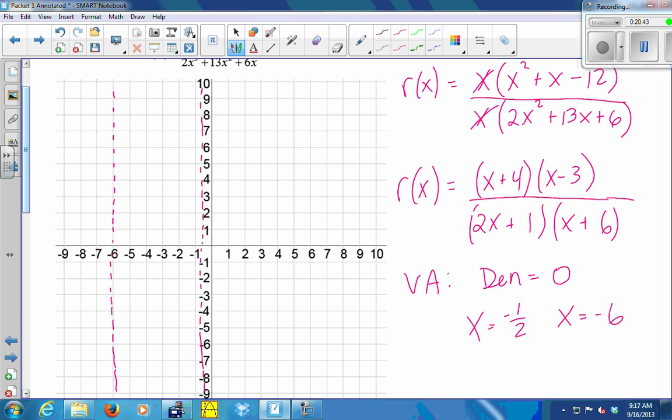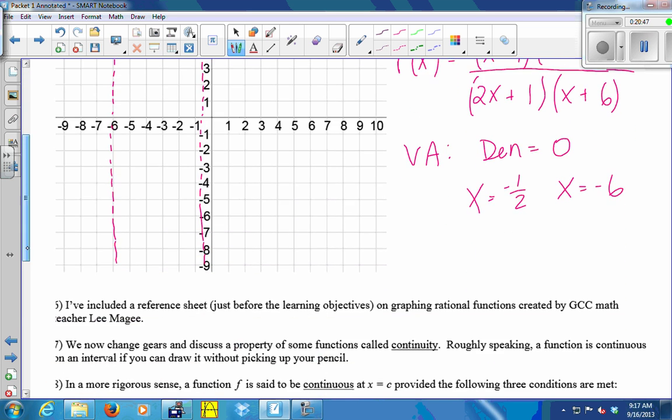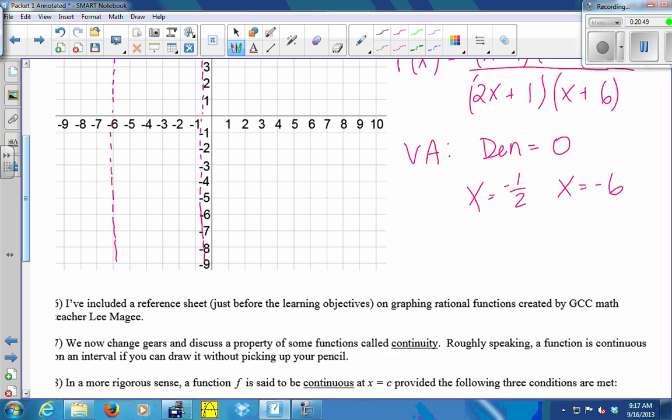Okay. And zeros are places where the function equals 0. So I would want to solve r of x equals 0. And r is a fraction, and when are fractions equal to 0?